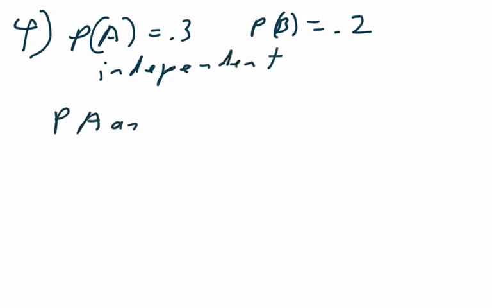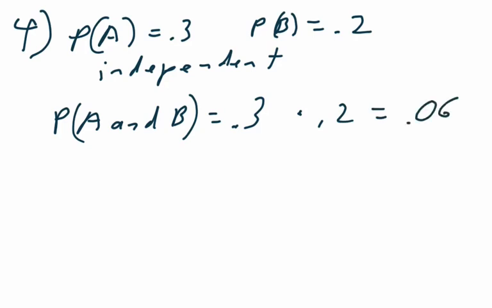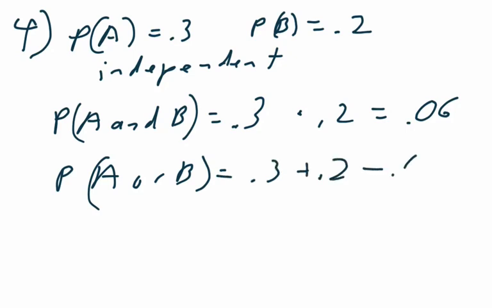So the probability of A and B is equal to 0.3 times 0.2, which equals 0.06. Probability of A or B is equal to 0.3 plus 0.2, except this time we have to subtract off the 0.06 that got counted twice, which gives us 0.44.